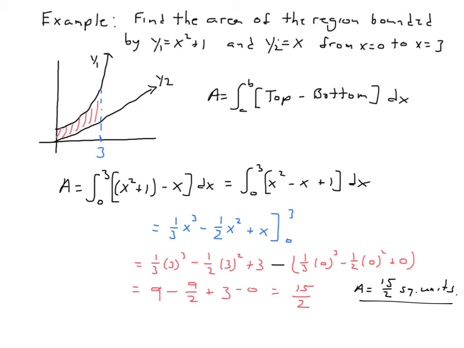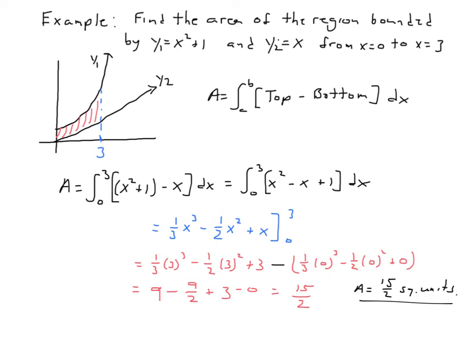Really what I do is just find the antiderivative of each term. The antiderivative is 1/3 x cubed minus 1/2 x squared plus x going from 0 to 3. At this point, I'm just evaluating the definite integral using the fundamental theorem of calculus. So I put the 3 in: 1/3 times 3 cubed minus 1/2 times 3 squared plus 3, minus what I get when I plug 0 in, which is actually going to be 0.